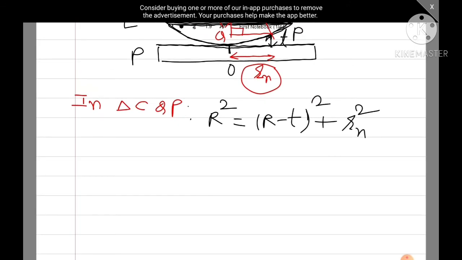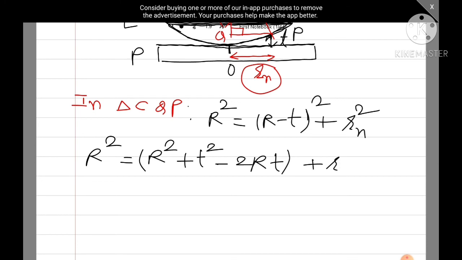Now let's solve it. Then we have capital R square is equal to R square plus t square minus 2Rt plus Rn square. Here this R square and this R square will cancel out, and on the left hand side we have 0, and on the right hand side t square. Actually t means the thickness of the film.